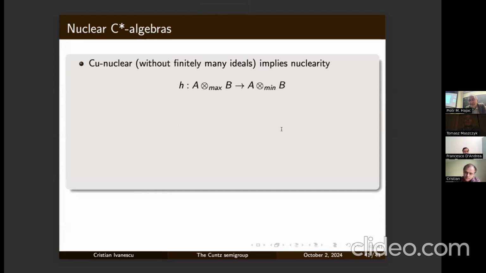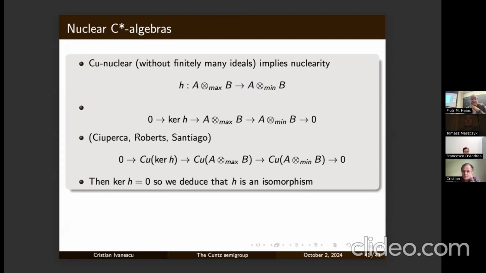So let's say we look at this one. I have Q-nuclear implies nuclearity. Now this map is always surjective. So the question is, can I say something about the kernel? Obviously the kernel is an ideal, so I have a short exact sequence. Thanks to this three-people result, we know that when I apply the Cuntz semigroup, this exact sequence is still preserved.